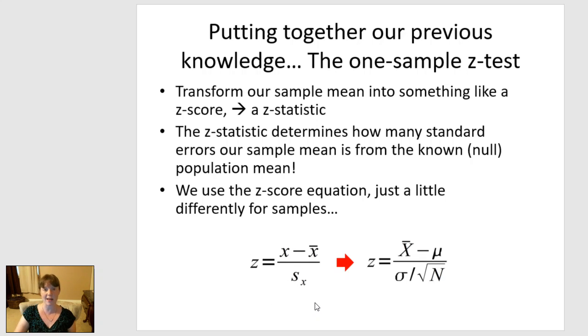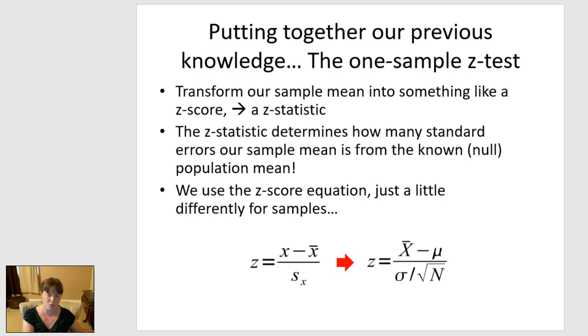It's simply using the same kind of z equation. Instead of calculating a z-score, we're calculating a z-statistic. Here we were standardizing a person's score; here we're just standardizing that sample average. This makes it great because now I'm dealing with a z-statistic, which is a standardized metric.